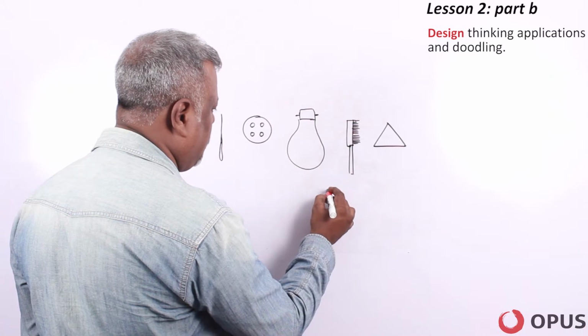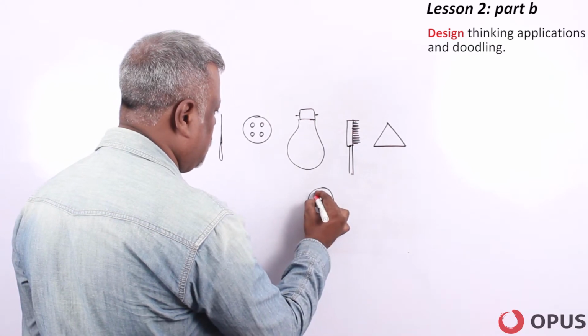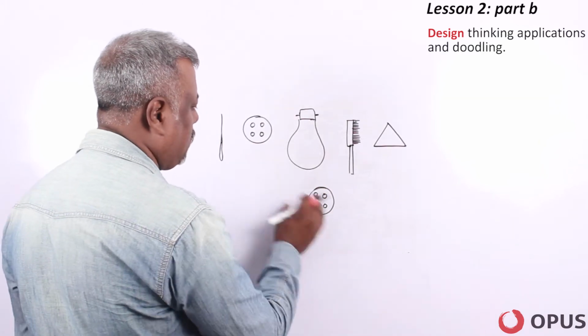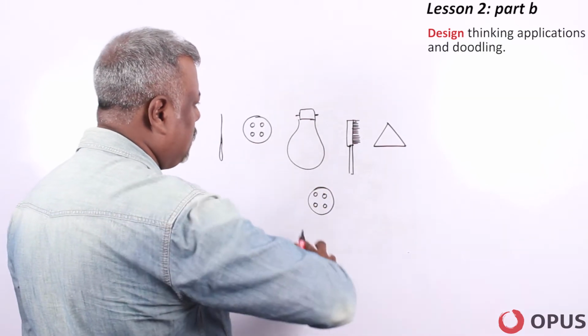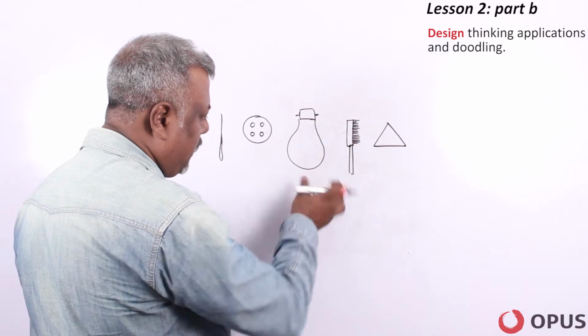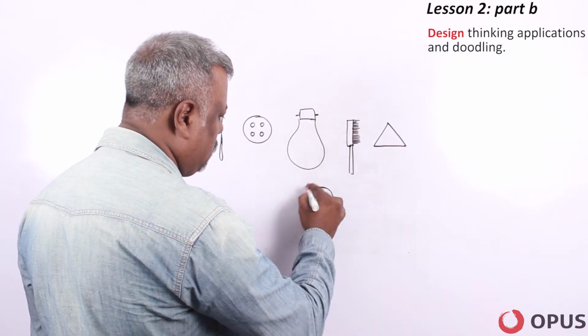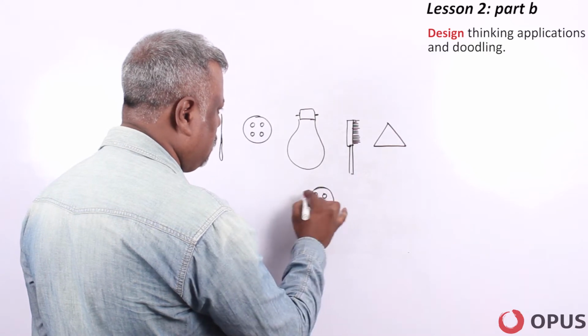Let me put this button here. Okay, I've placed this button. Maybe I should turn this bulb upside down? What happens actually?